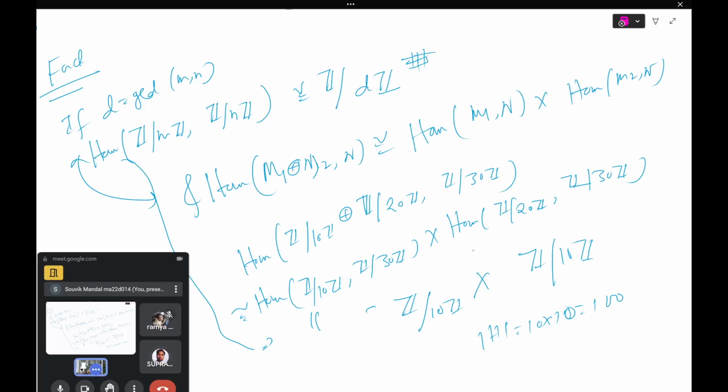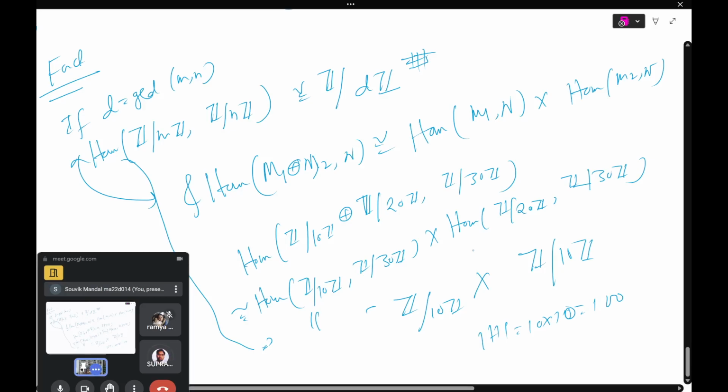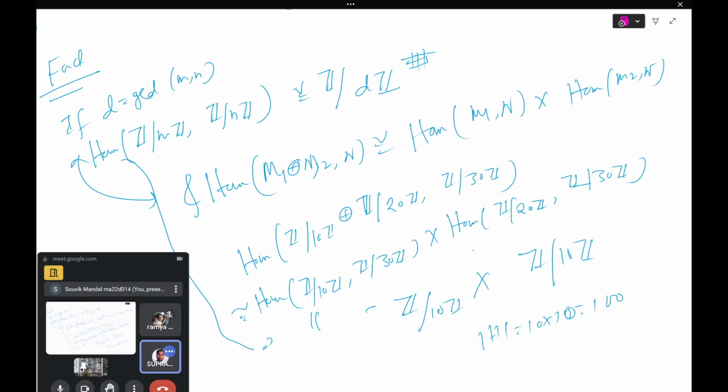Anyway, if sir has not done it, no need to worry. You can search for this fact in any textbook. In the Dummit and Foote book, this fact is proved as an exercise, or else you can find it on the internet. If you cannot find it anywhere, please ask about it in the next live session. I will solve it for you.